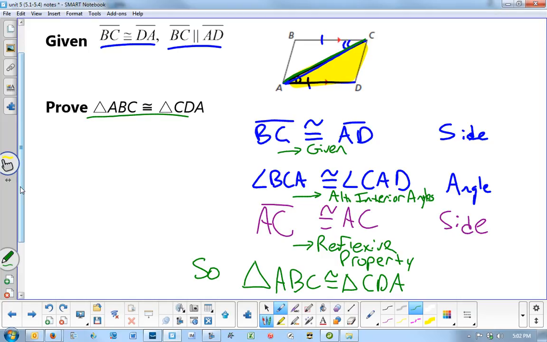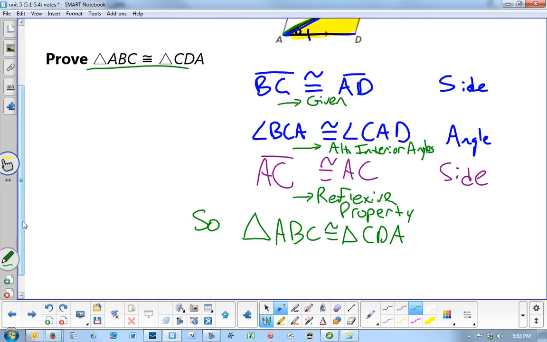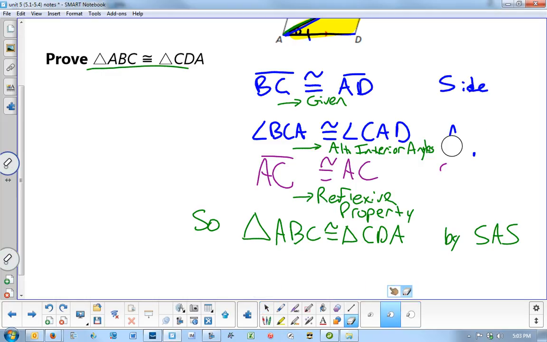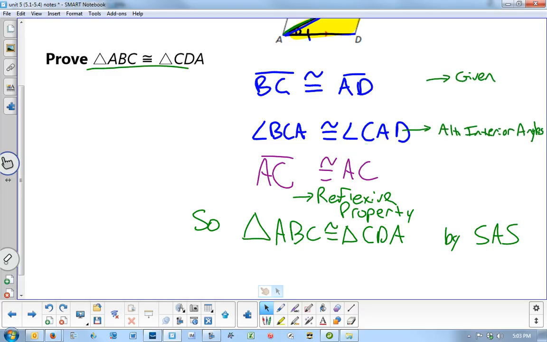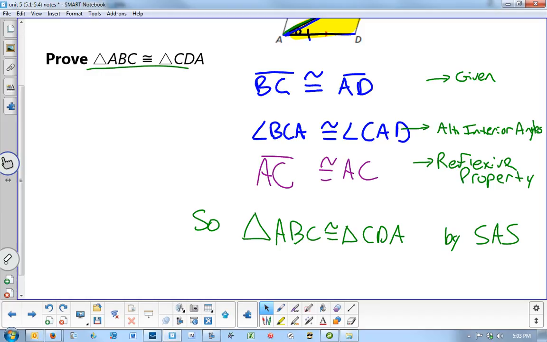We didn't write that as, I got to have a reason here. Okay, this is by, and we say side, angle, side. Okay? So if we wanted to put this in a two-column proof kind of idea, like we've done before, all we need to do is take these guys, move this over here, given, alternate interior angles, and a little reflexive property, two-column proof.